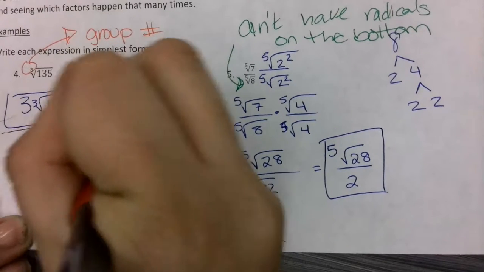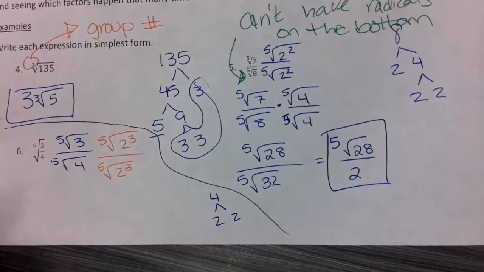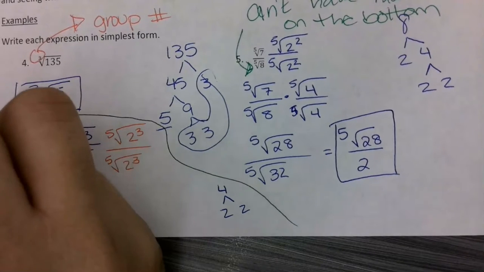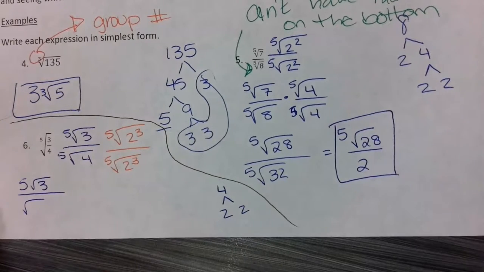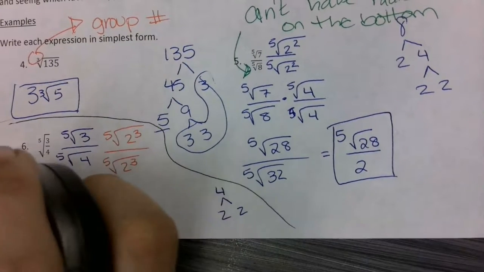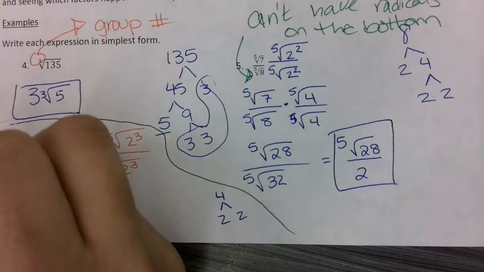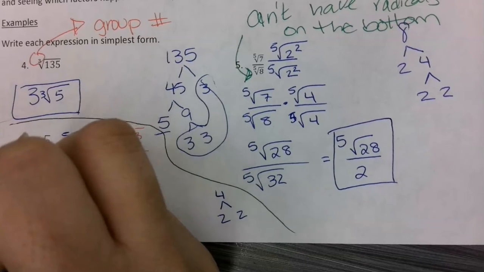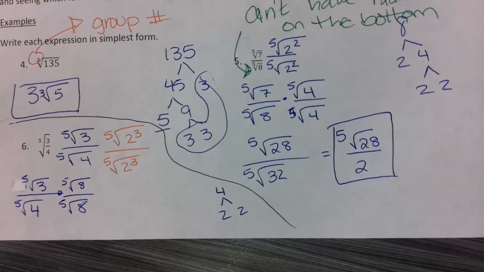So I want the 5th root of 2 cubed. Okay, so 2 cubed is 8.